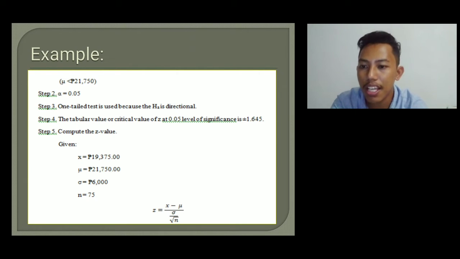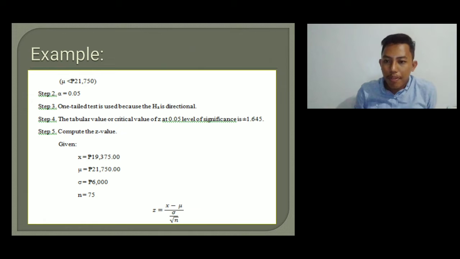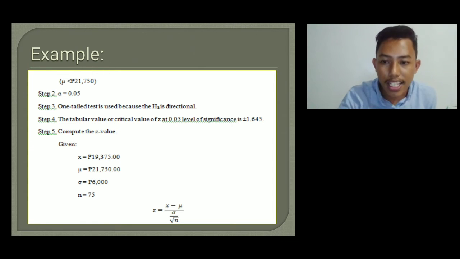Then compute the z value. In computing the z value, we first need to determine the given. So x is equal to 19,375, and then our mean is 21,750. Our standard deviation is 6,000. Our n is 75. So we need to follow this equation.